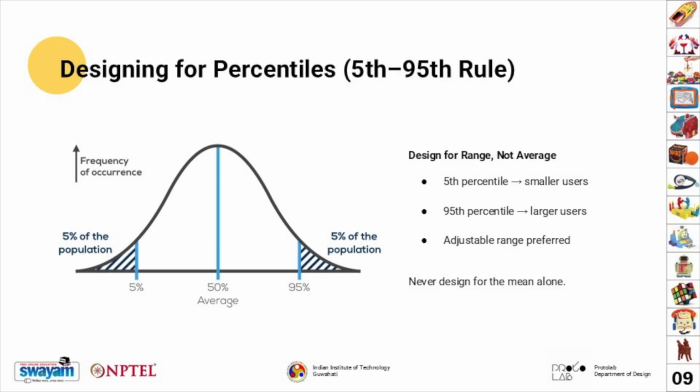Ergonomic design often follows the 5th and 95th percentile principle. This means that design controls must be reachable by the 5th percentile user and clearance must be ensured for the 95th percentile user. If you design only for the mean and average, you systematically exclude a significant portion of the users.